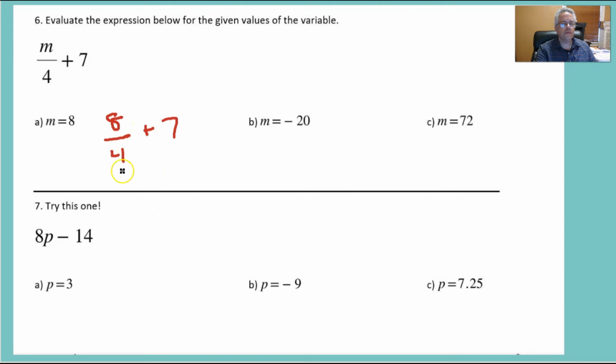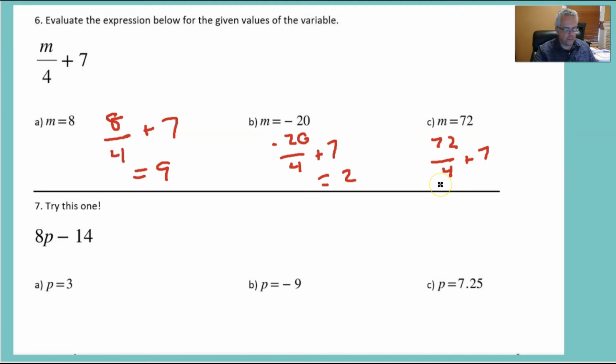Well, 8 divided by 4 is 2 plus 7 equals 9. We can put in negative numbers. This would be negative 20 divided by 4 plus 7. Okay, you can grab a calculator. That's negative 5 plus 7. That's going to equal 2. We can let m be 72 and figure out what the whole thing is equal to.